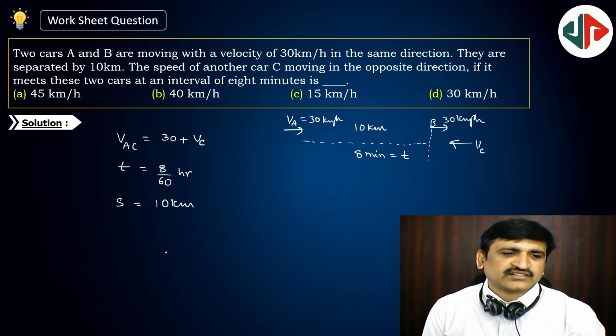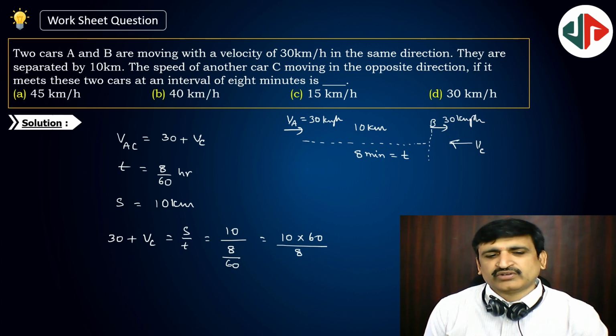So let us have a formula. S is equal to VT, V is equal to S by T. 30 plus VC is equal to S by T, that is 10 by 8 by 60. So it's going to become 10 into 60 by 8. Which table?